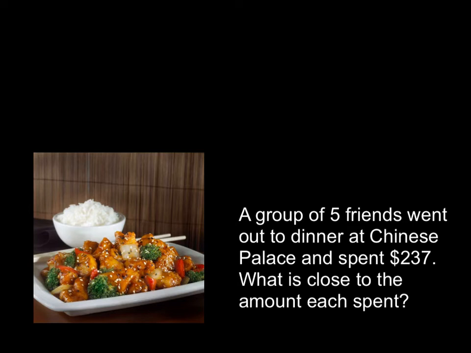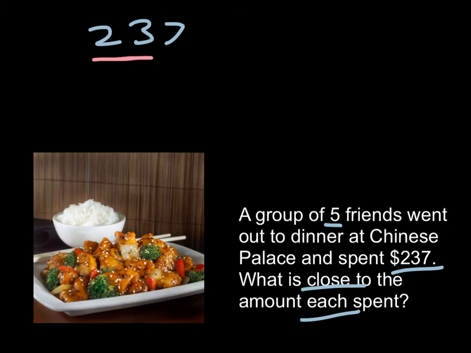Alright, so let's work through this. 237 is the number we're working with. If you see it right here, we see a 5, we see "close to" and "each" as clue words. So 237. If you followed my example from the last time, we see 23 basically is what I have underlined.